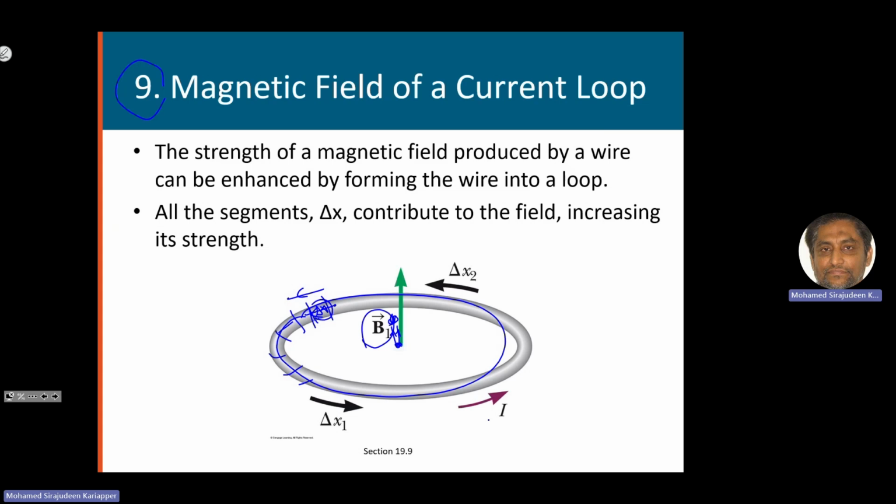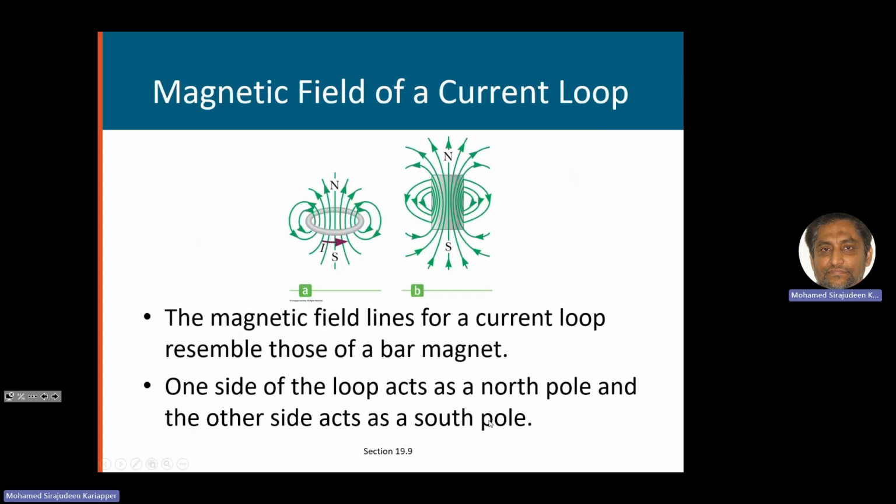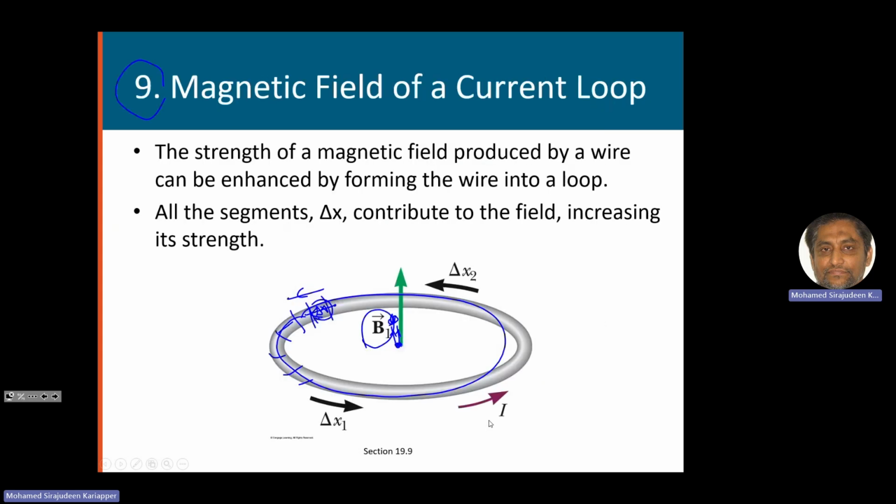So can I get an expression for B1 at the center? It is easy to do, but it will be done later. My point is, you can take a straight wire and make it into a circle, and thereby we can get a strong magnetic field at the center of that circular loop, and it will be upward if the direction is counterclockwise.